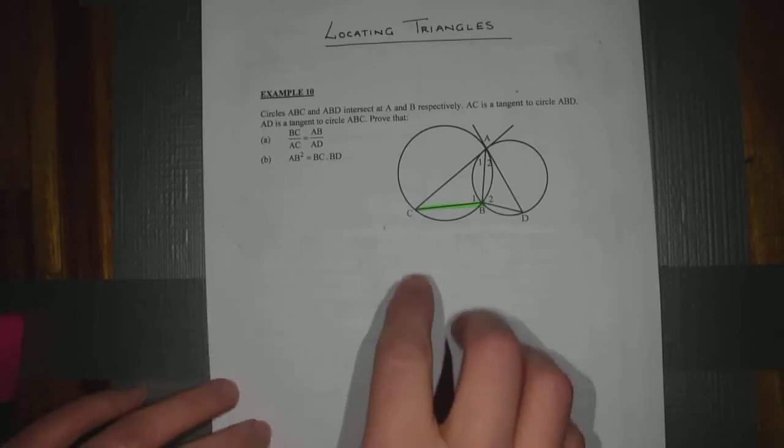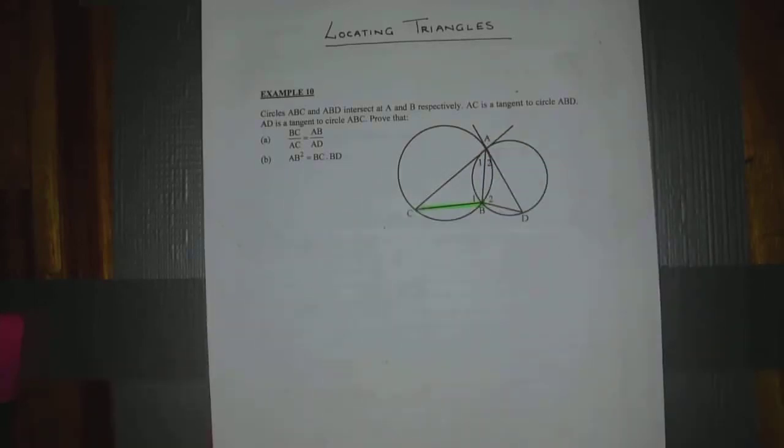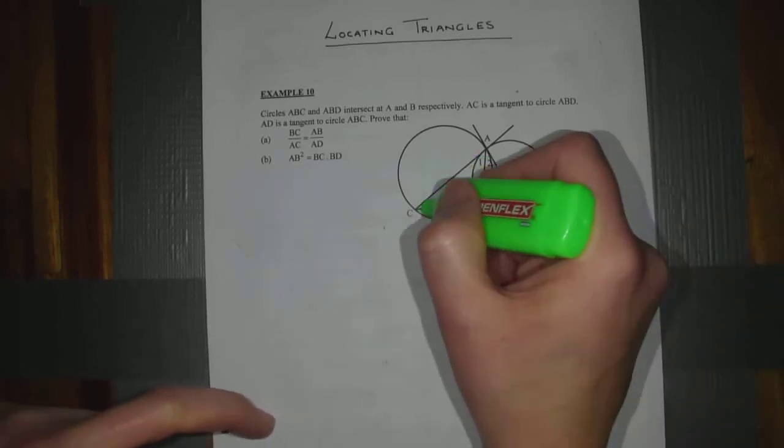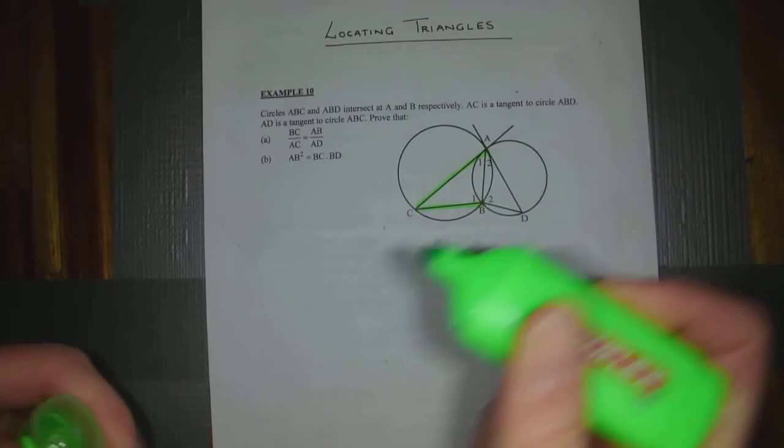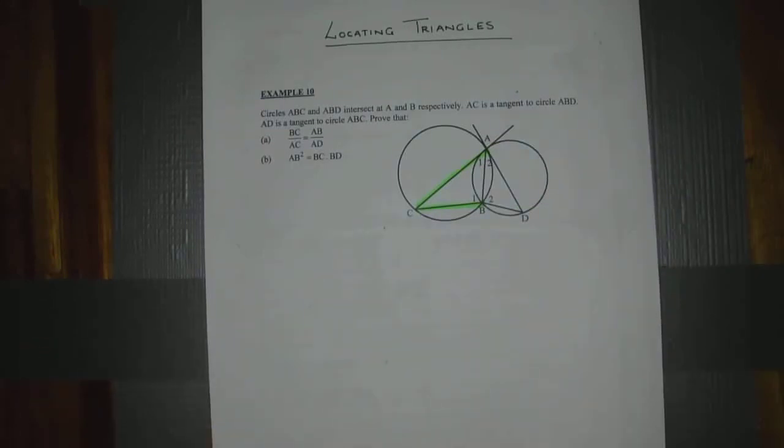Now, if AC joins up with BC, so if they're connected, if they're linked with a common vertex, you can keep the color the same. But the moment they're not connected with a common vertex, change the color. Do you understand? So you go BC over AC, and then you should notice we can close up a triangle.